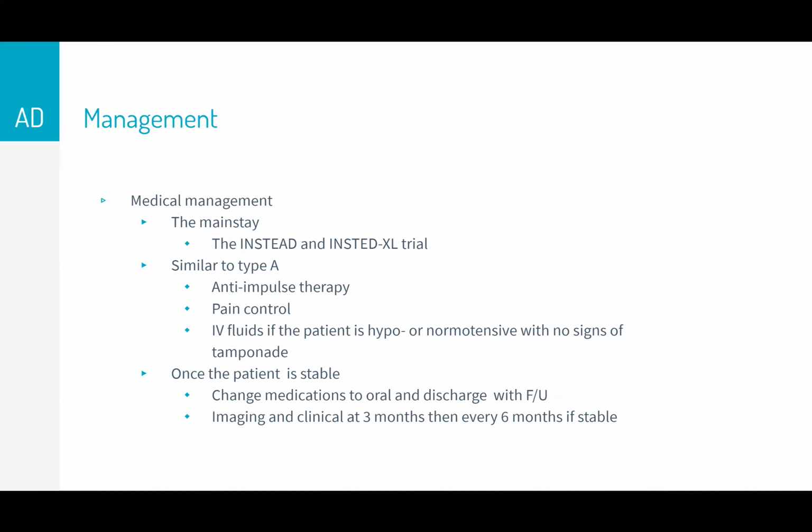But the significant difference was in the aorta-specific mortality. 6.9% of the patients with the endovascular and medical treatment died because of an aortic catastrophe, compared to 19.3% in the medical treatment only who died because of aortic causes.